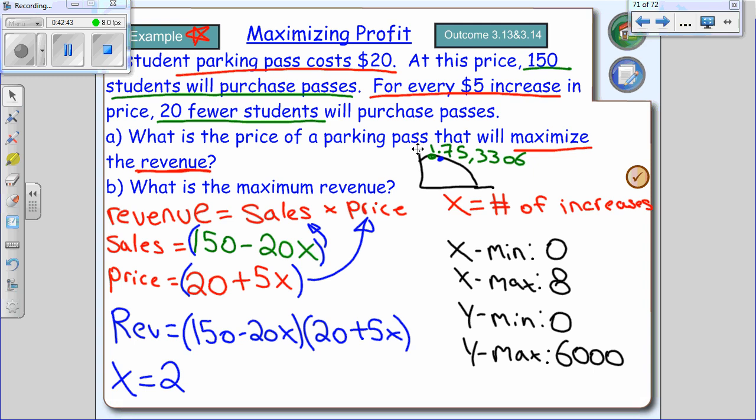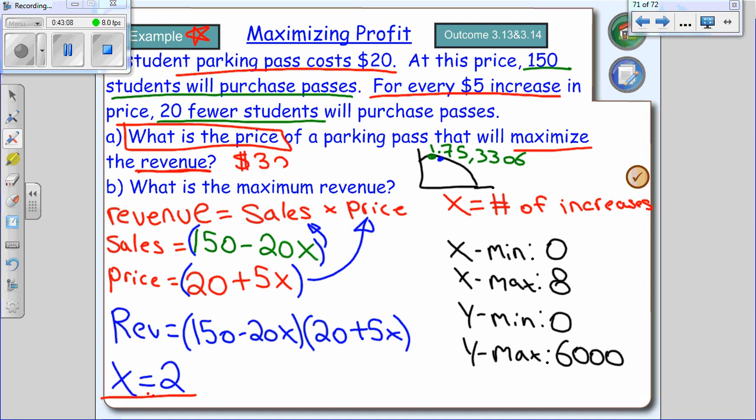But it wasn't the price that maximized your revenue. The price that maximized your revenue was 2 price increases, so it was $30. Because I started at $20, I increased it once by $5, increased it again by another $5. 30.